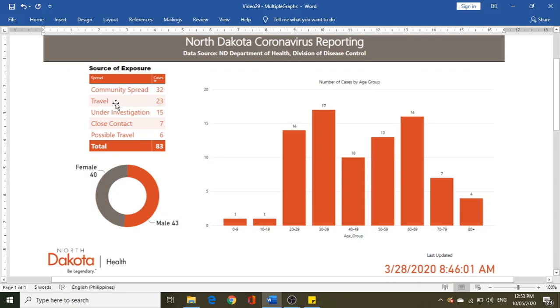What you're going to be saying now is that people from North Dakota who were exposed through traveling, something like that. So it's a long nominal. Like community spread: a vast majority of people in this state contracted the virus through community spread. You just don't say community spread. So those are the nominal traps over there.